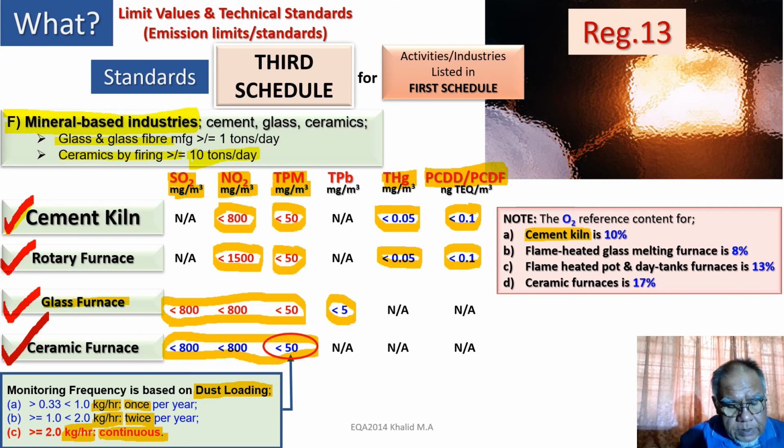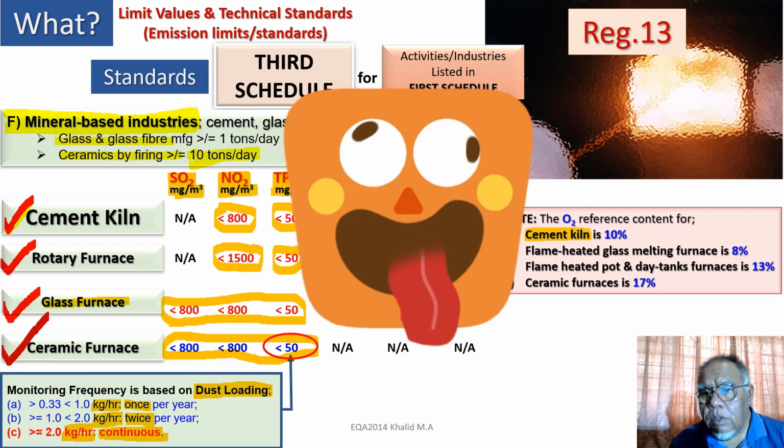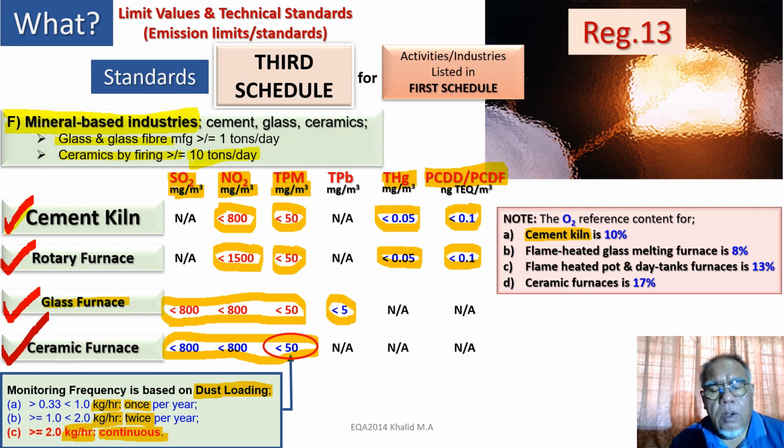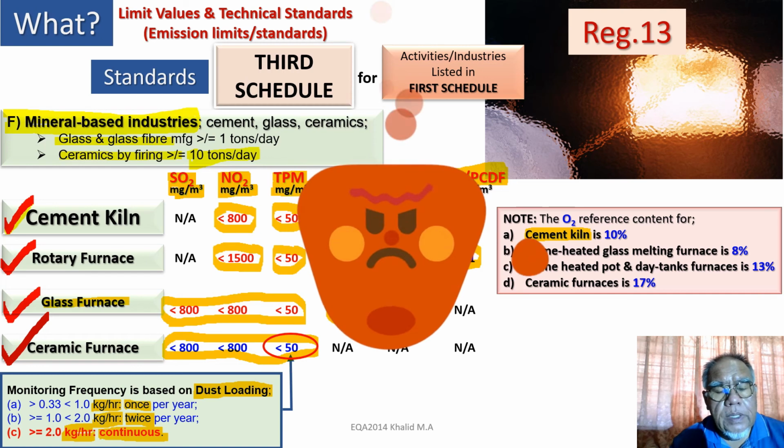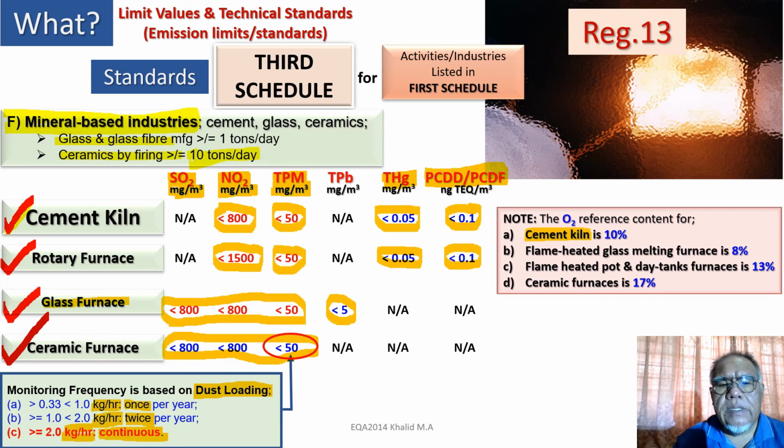Now, facilities for the melting of mineral substances, including the production of mineral fibers, shall comply with the limit value for sum of sulfur dioxide and sulfur trioxide expressed as sulfur dioxide of 1500 milligram per cubic meter corrected to oxygen reference content at 8%. That is some technical inputs given in the law, and that is beyond my expertise. So you got to refer to production engineer and process designer involved in designing those furnaces and operating those furnaces. They should be able to help you.